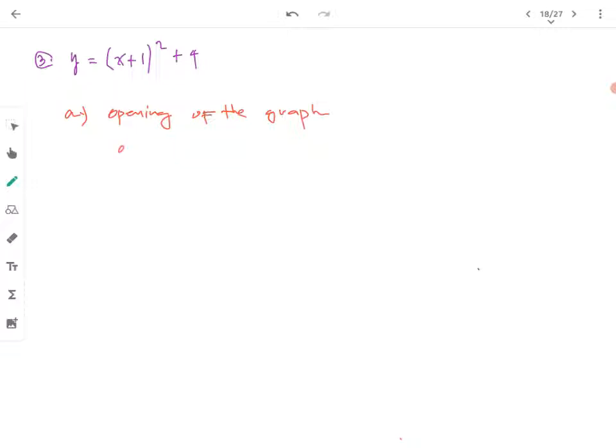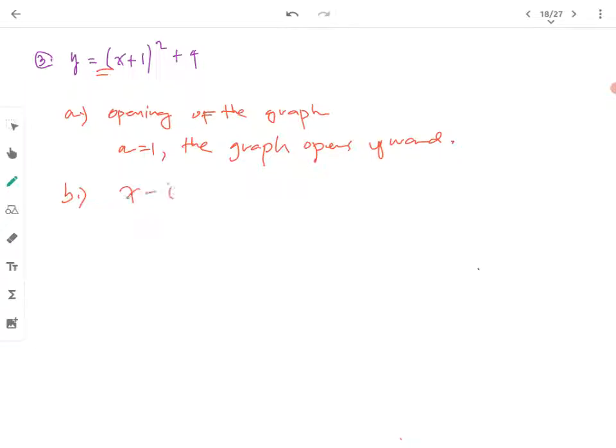A equals 1. There, that's 1. The graph opens upward.